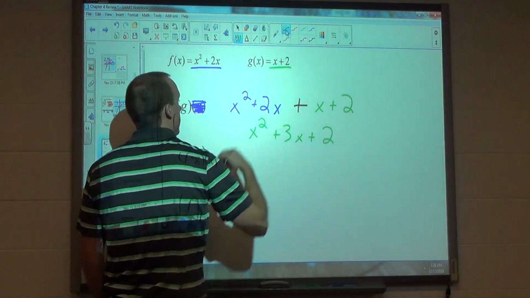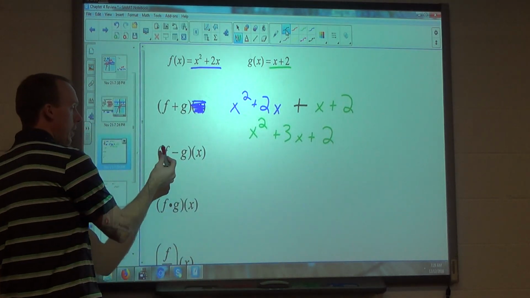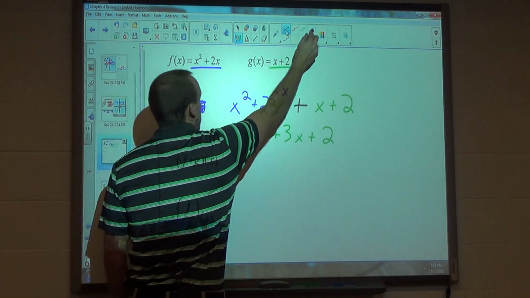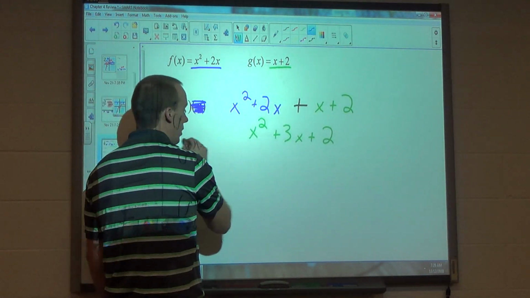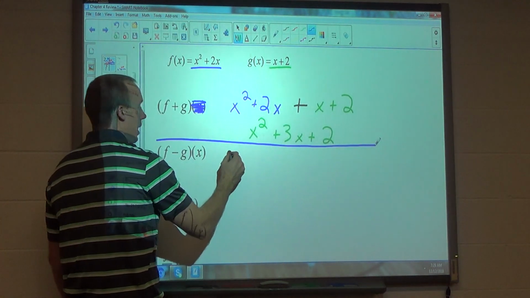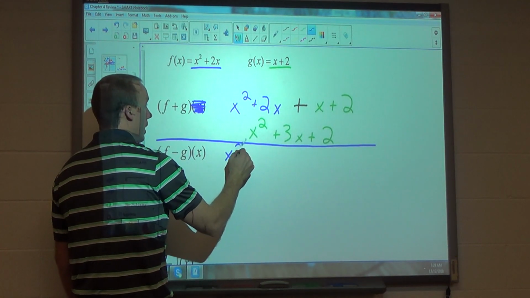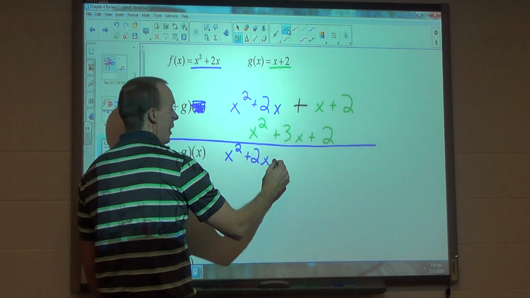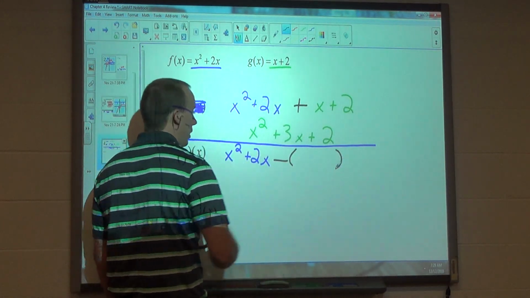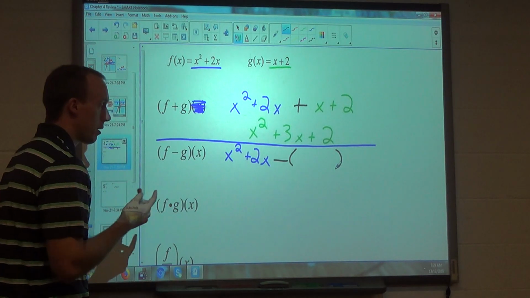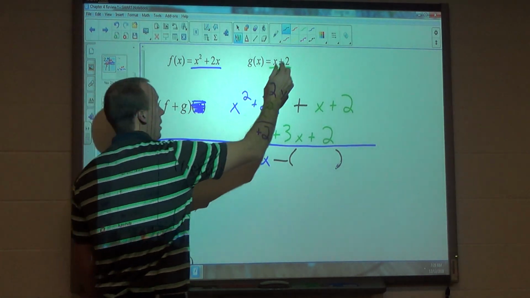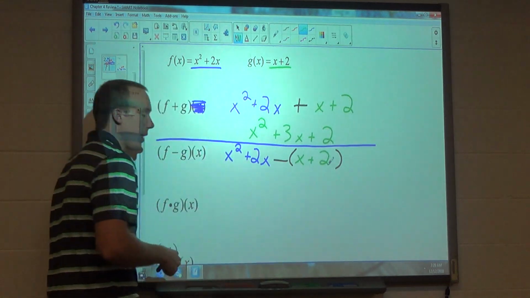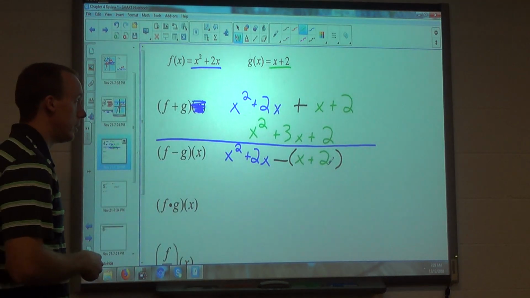Next one here is the f function minus the g function. Again, I'm going to keep my color coordination here. I'm going to have x squared plus 2x. Now here's the thing on the test you're going to have to remember. When you do minus, you have to put parentheses around the back side because it actually has to distribute into there.